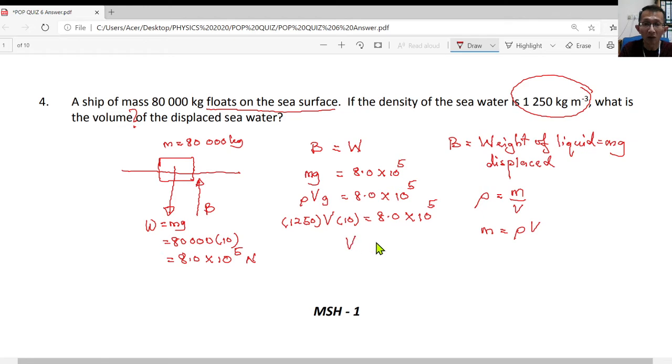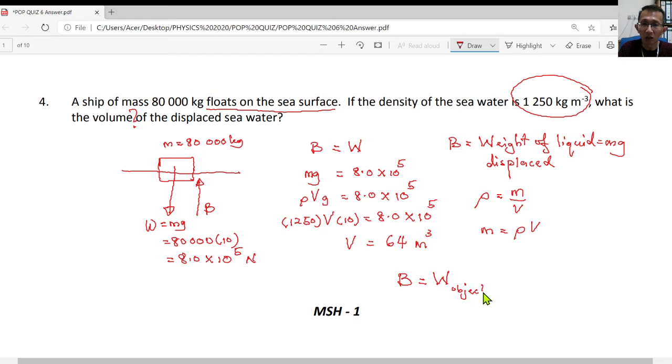Upon calculating, you should be able to get a volume of 64 cubic meter. So that is the volume of the water displaced. What have we been using here? We are saying that the buoyant force equals the weight of the object.